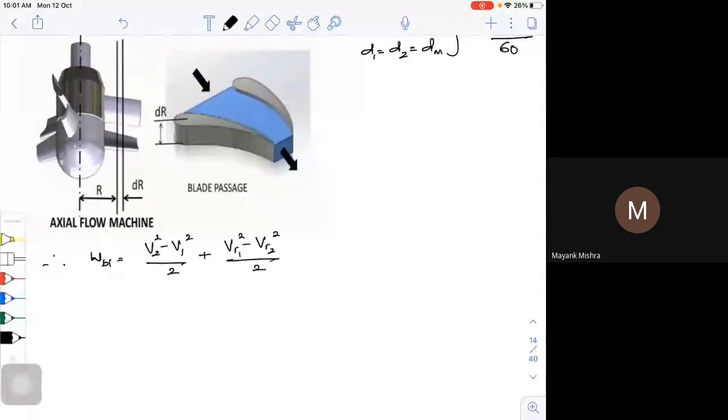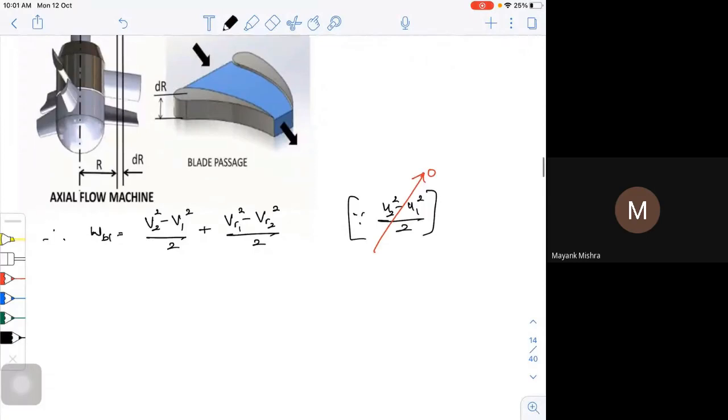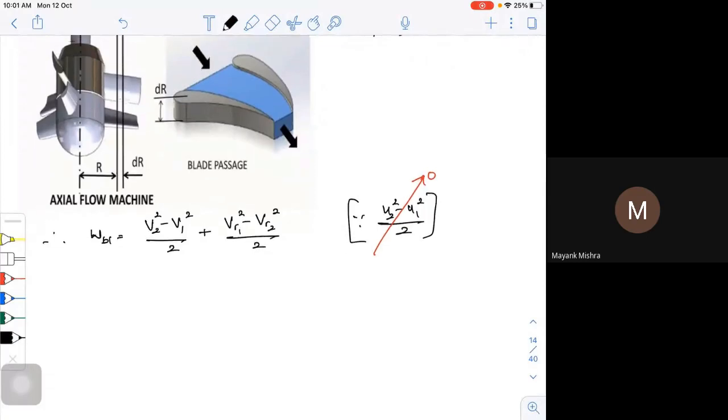It gets so because (U2 square minus U1 square) by 2 automatically get cancelled, because U2 is equal to U1. Now what is the first quantity? The first quantity is mainly due to the change in kinetic energy, and the second quantity will lead to the change in your relative velocity. So if it's for an axial flow machine, that is how you have to write it.